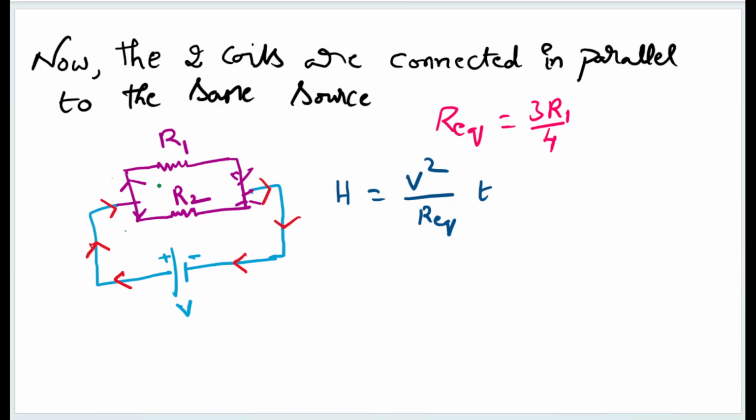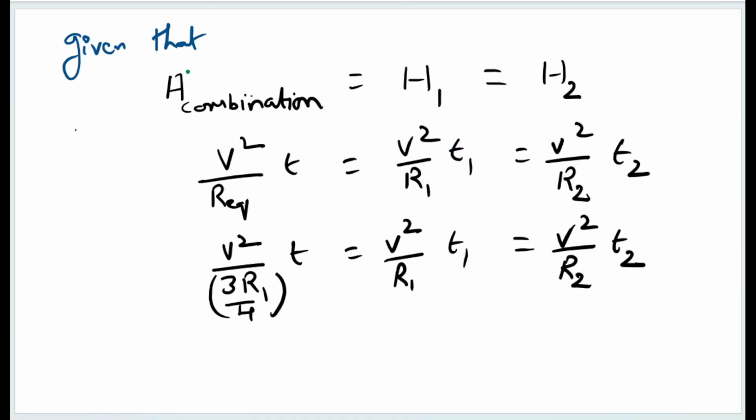This parallel combination also produces the same amount of heat, which is given by the formula V square by R equivalent into T. In the problem it is given that when connected individually, each coil produces the same amount of heat, and in the combination also they produce the same amount of heat.